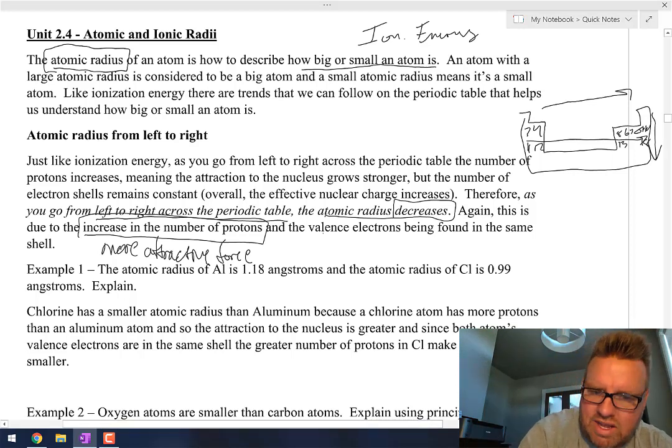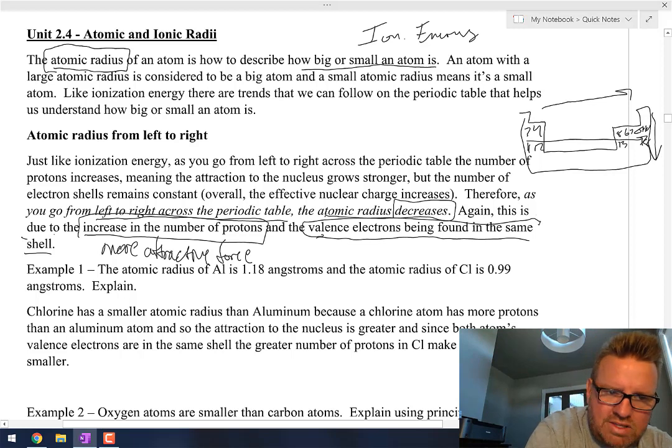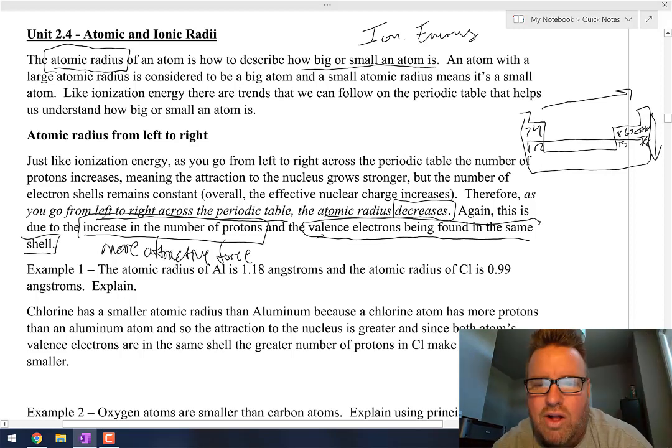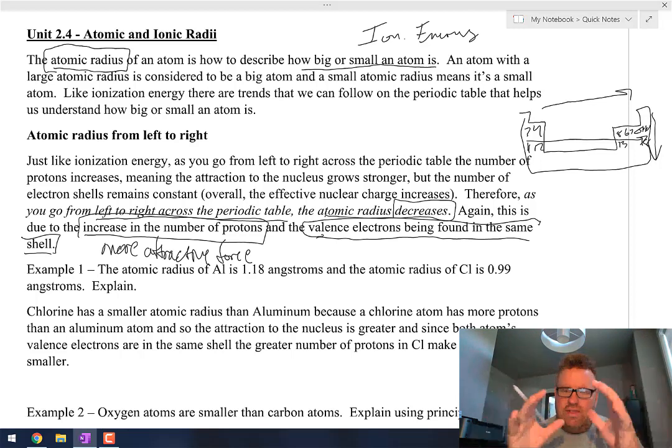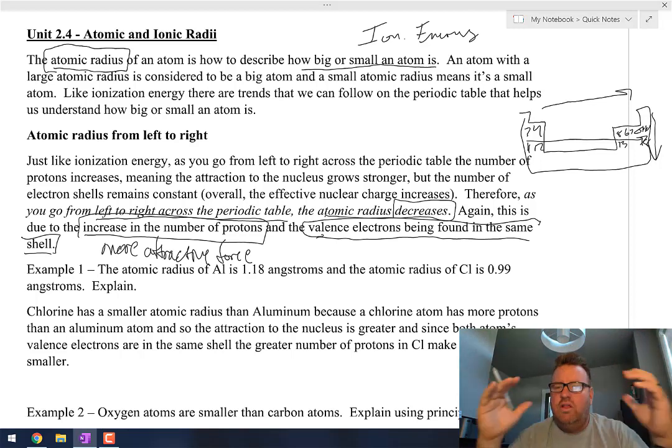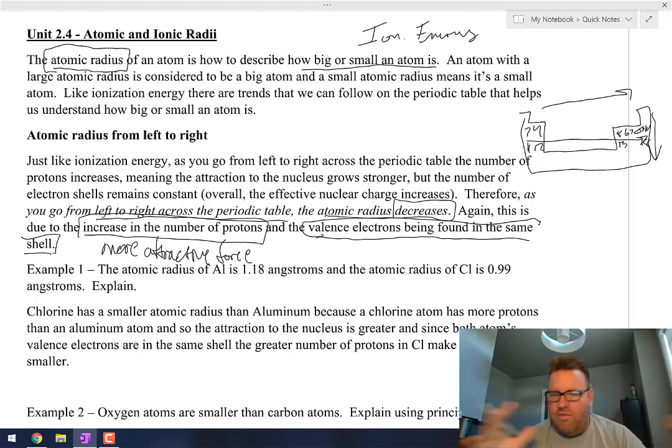And again, since the valence electrons are all in the same shell, that's our other thing we're looking for there: valence electrons found in the same shell. We're not adding any more shells of electrons to the atom. So the electrons are in the same shell, the second shell, the third shell, whatever shell you're in.